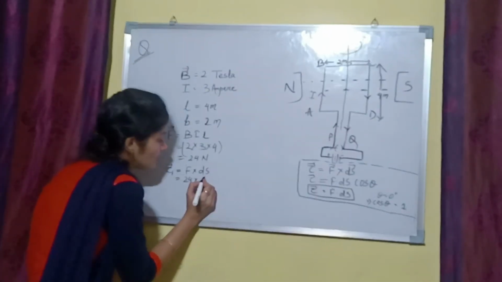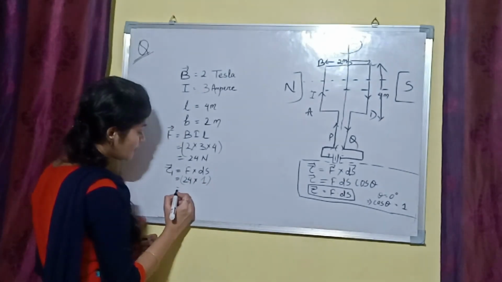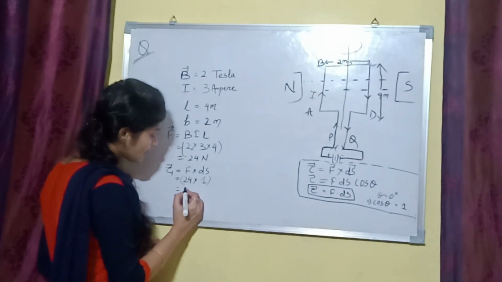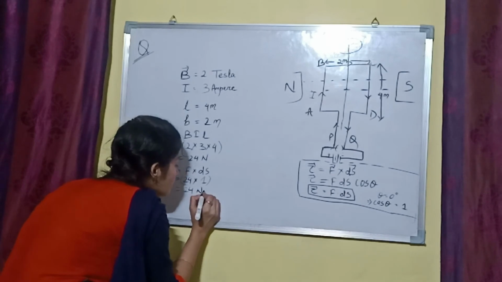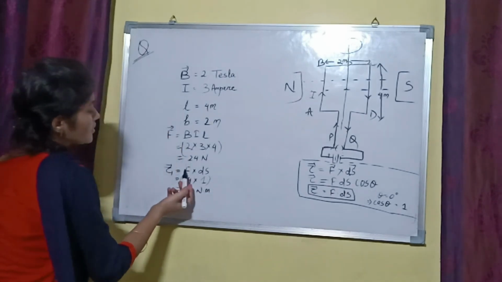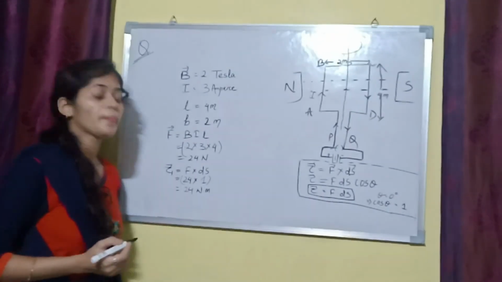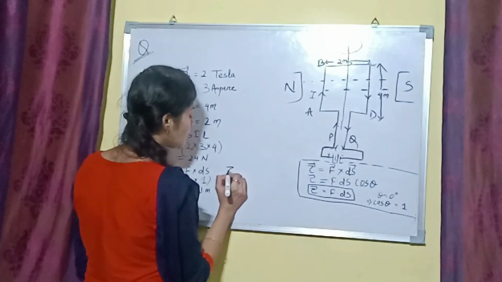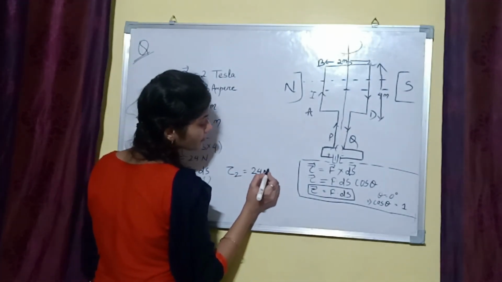Okay. So the total tau produced in AB will be 24 Newton meter. Here Newton is the unit of force and meter is the unit of displacement. Like this, tau 2 will also be 24 Newton meter.